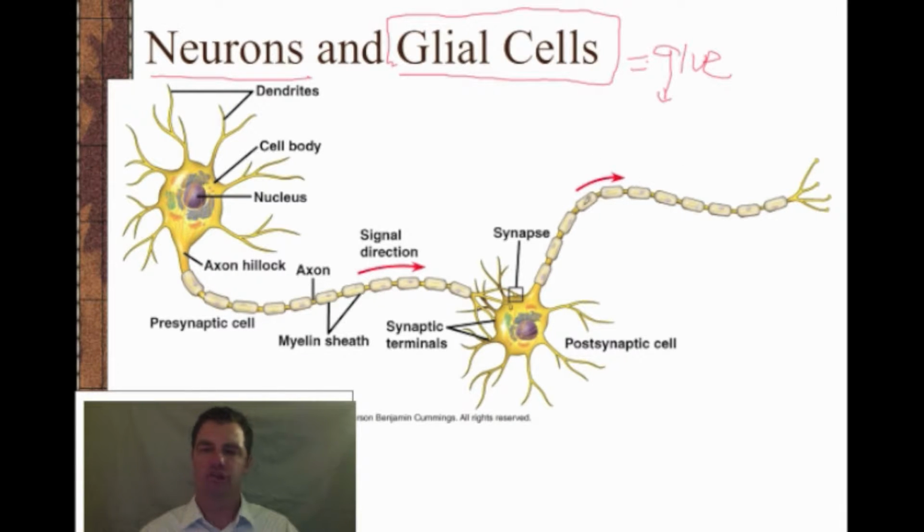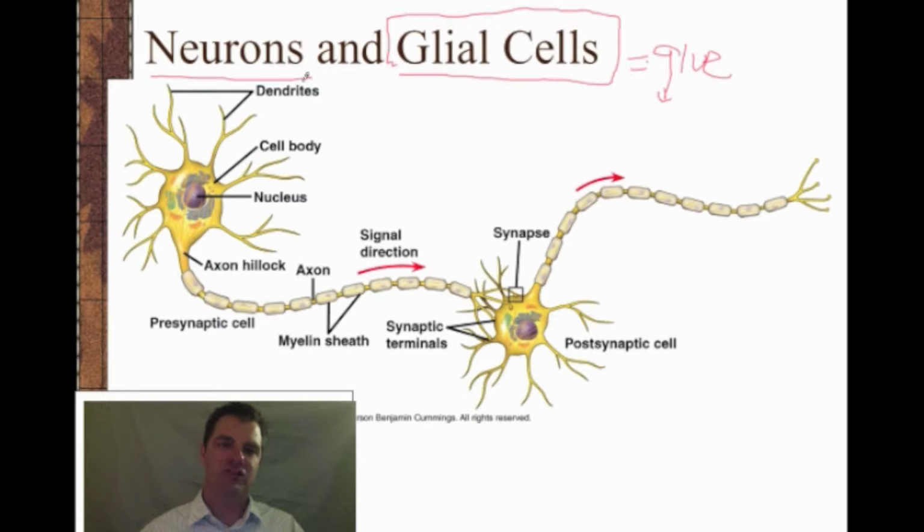Often they'll form these specialized coverings, these myelin sheaths that help the axons stay insulated and allow the electrical signal to move through. They also help maintain the health of the neuron. They're responsible for forming the blood-brain barrier so that certain chemicals don't get to your neurons and damage them. So those are the glial cells.